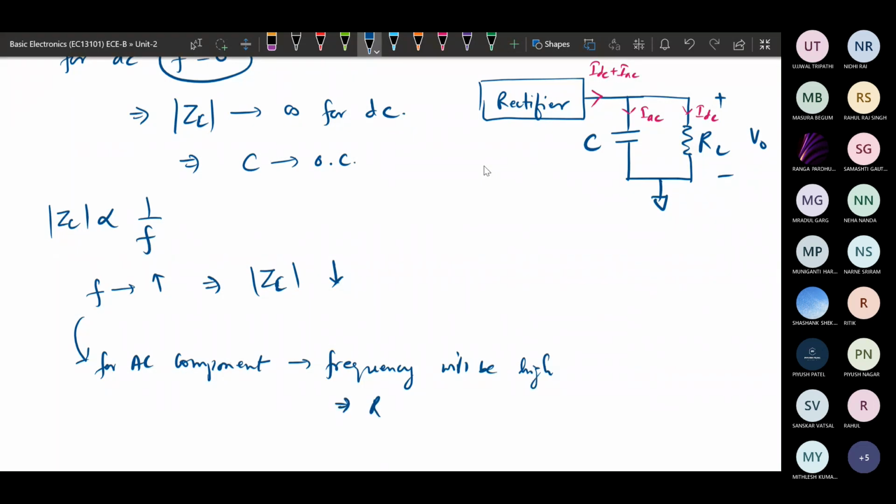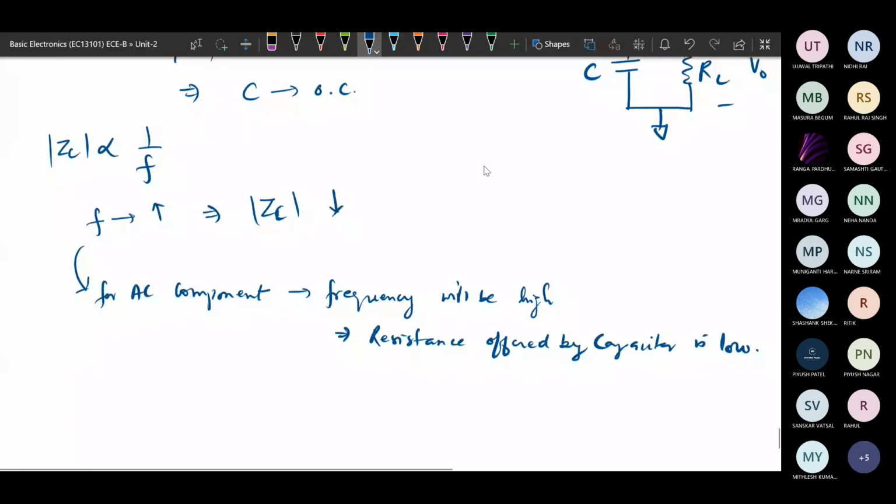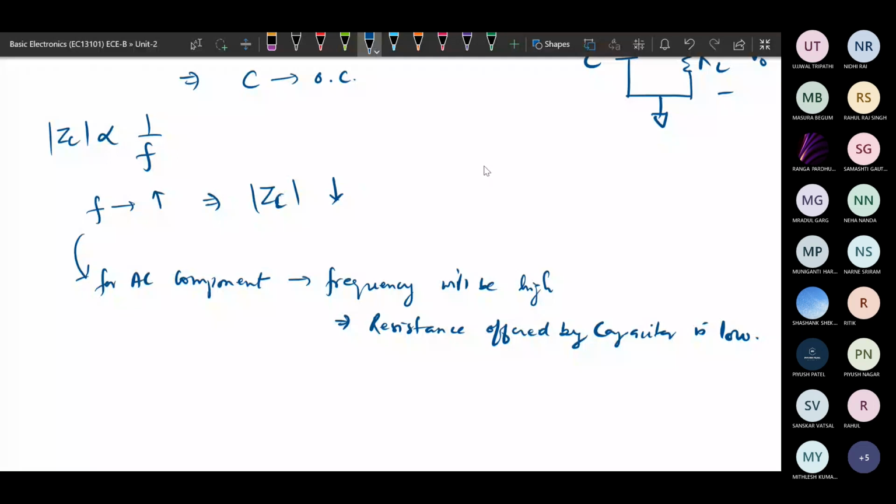That means the resistance offered by the capacitor is low. The basic principle of current flow is that whenever a current is flowing, through whatever circuit offers the minimum resistance, it will flow.